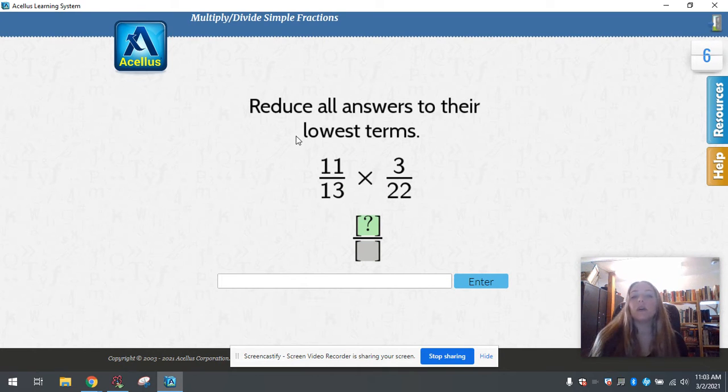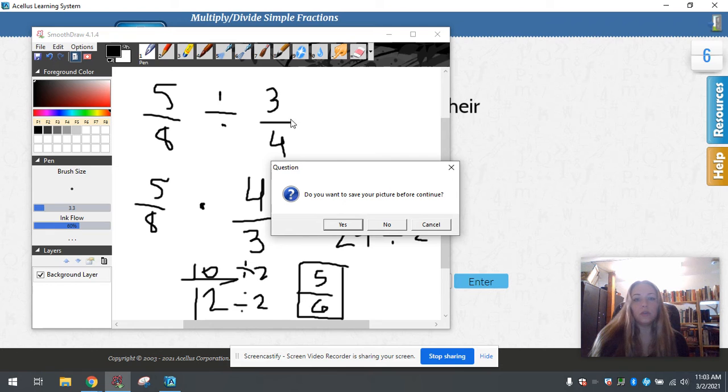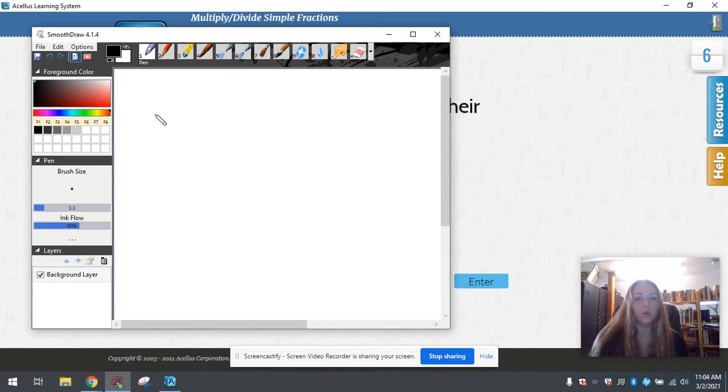Okay, now we have a multiplication problem. We can show multiplication with the times sign like this, or with the dot. I'll write it with the dot. 11/13 times 3/22, or 11 over 13 times 3 over 22.